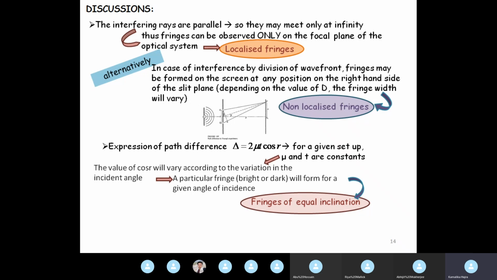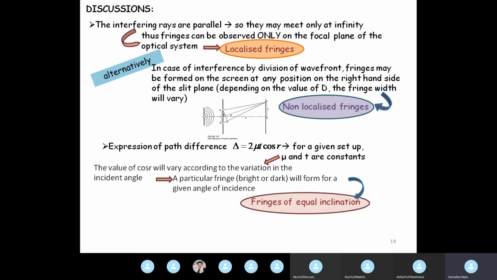Therefore, these fringes are called fringes of equal inclination. A given fringe for a given inclination of the incident ray. Therefore, these are called fringes of equal inclination. Again, a very, very important concept. Remember, in Young's double slit experiment, we got fringes that are all of the same width.